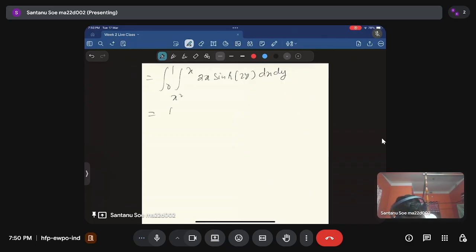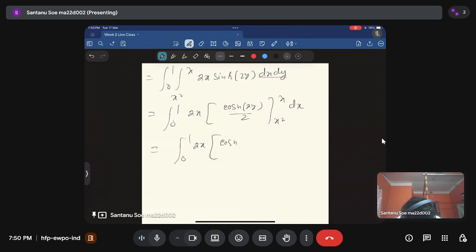Okay, so this is 0 to 1, and then cos hyperbolic 2y by 2, from x squared to x, dx. So 0 to 1, cos hyperbolic 2x minus cos hyperbolic 2x squared by 2 dx.